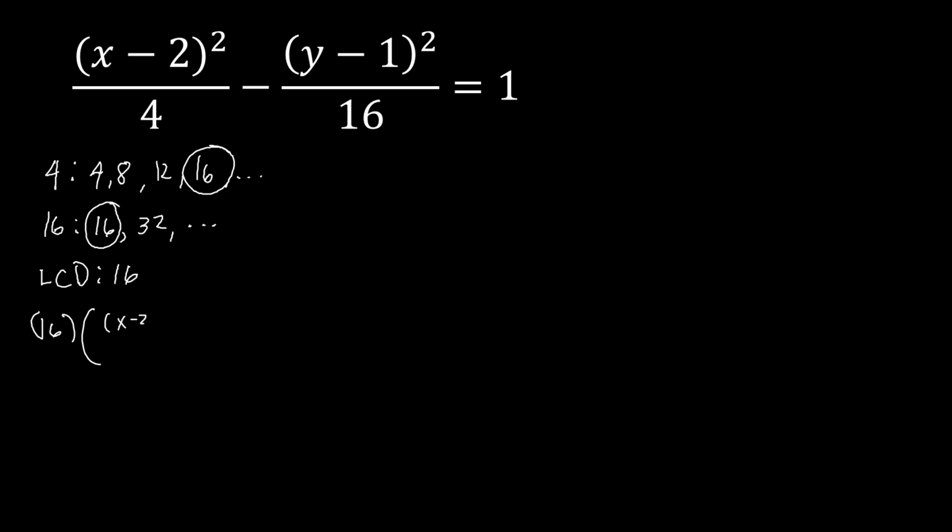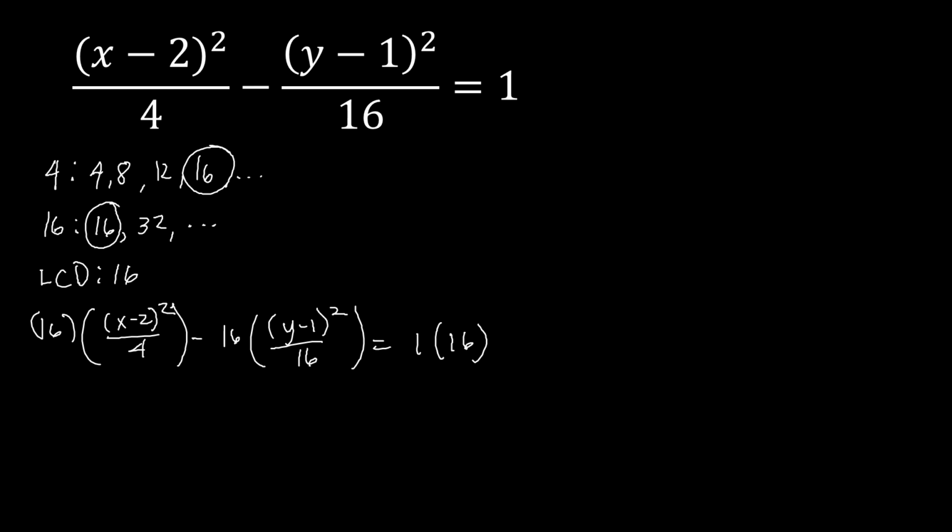(x minus 2) squared over 4, and then minus another 16 multiplied with our (y minus 1) squared over 16, and that's equal to 1 times 16. We will be canceling those that are common. Here, this is similar to having 16 divided by 4.